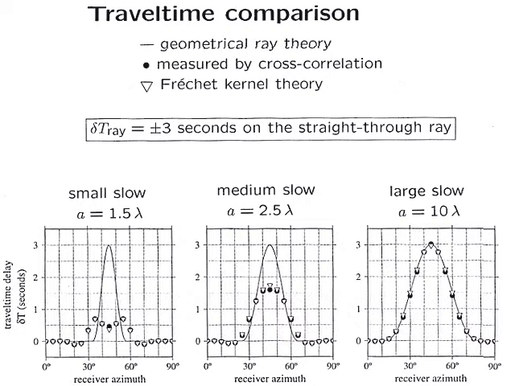And here's another example. This is at receivers that are in back of the ball, and this is the scan angle, and this is the case of the 8 wavelength ball. The triangles are just the observed travel times, which means we take the waveforms and measure the travel time by cross correlation.